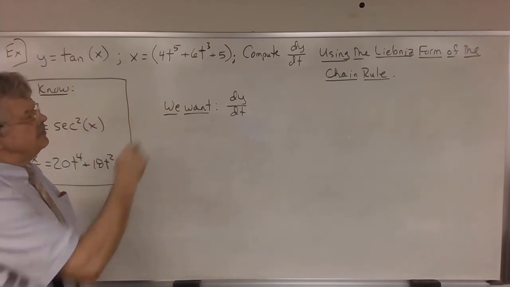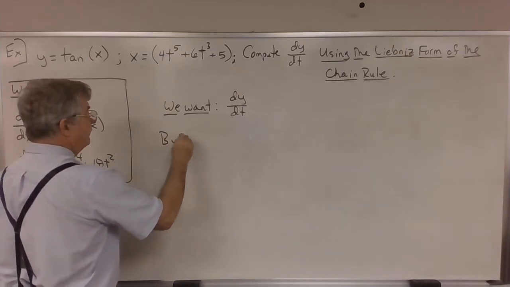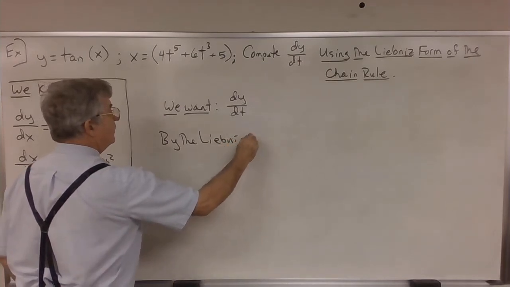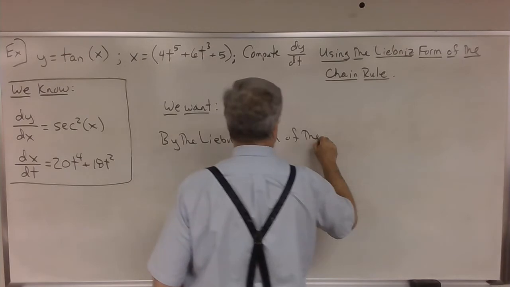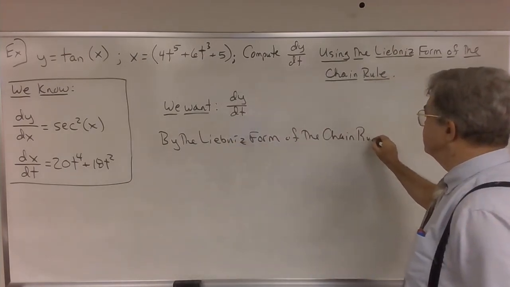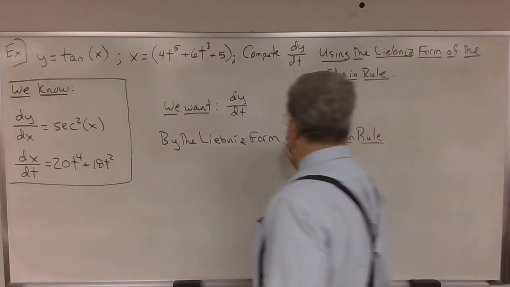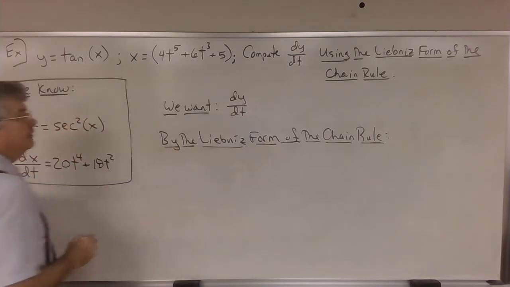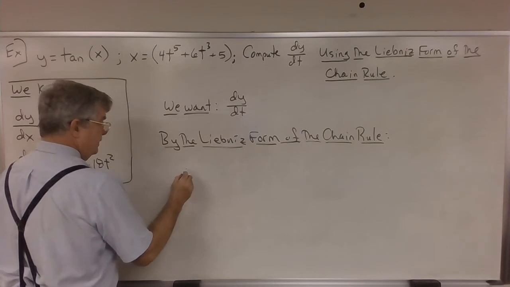And they want us to use the Leibniz form of the chain rule. Okay, so I'll put that down. The Leibniz form of the chain rule. We want dy/dt.